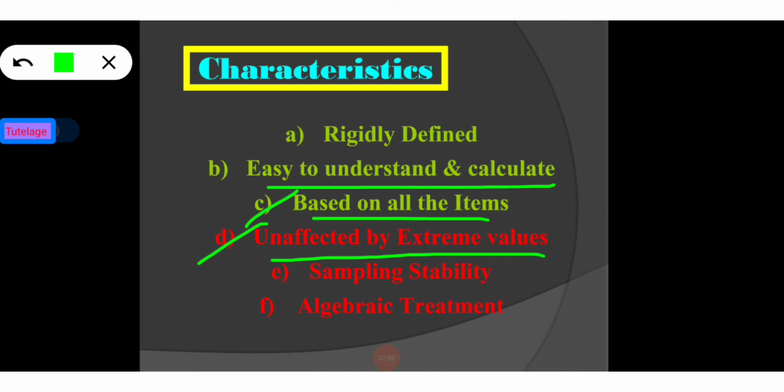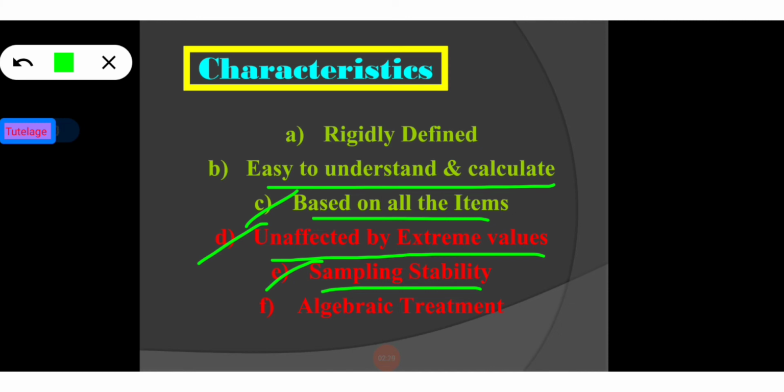Now move on to the fifth one, which is sampling stability. It should not vary widely when samples are taken from the same population. It should be less affected by differences in samples from the same population.